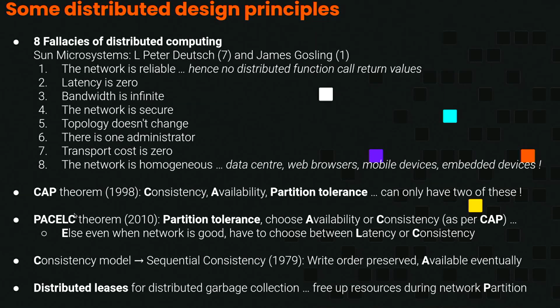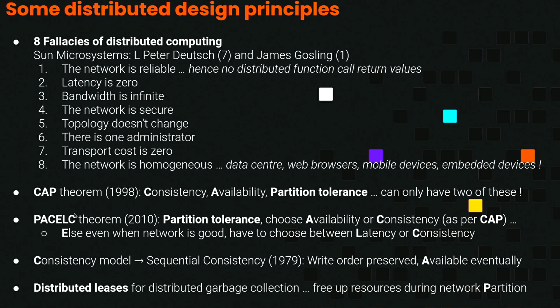So in Aiko Services, what we've done is say, look, you have to worry about network partition and what to do when the network fails. But after that, we use a slightly stronger form of eventual consistency, effectively called sequential consistency, where you still preserve the right order, and the data will be available eventually.